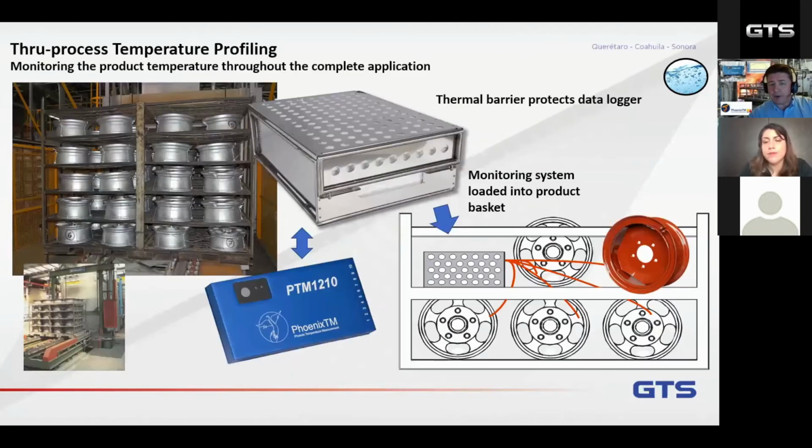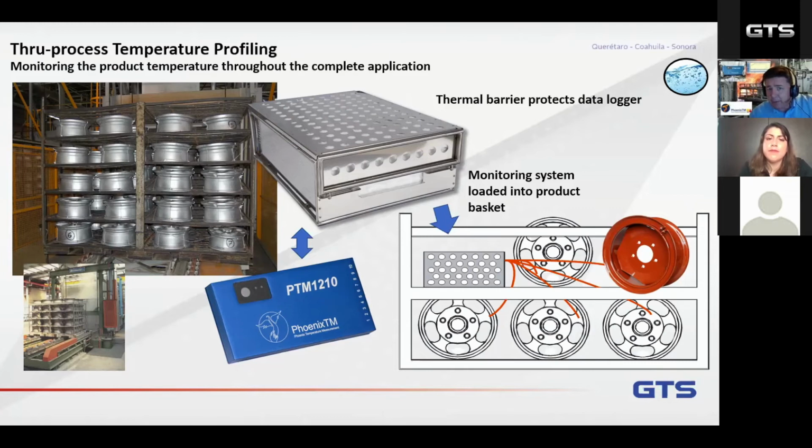So the crux of the problem is solved by the system you can see on the slide now. What we have is the data logger here at the front, which is located in the center of the thermal barrier. You can see the top of the slide here. Now, the monitoring system sits in the product basket with, in this case, our example here being alloy wheels.